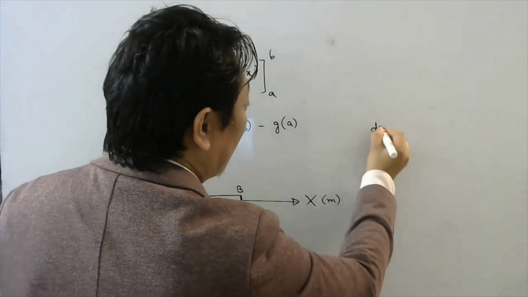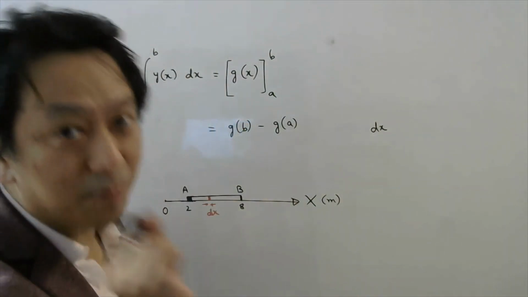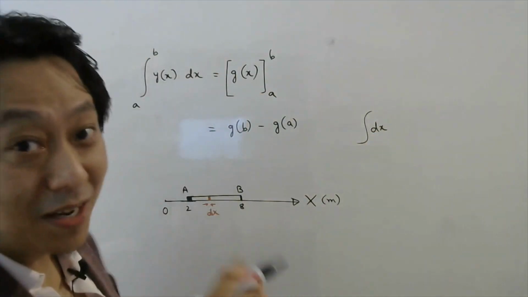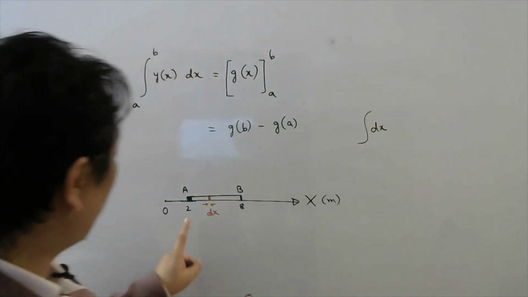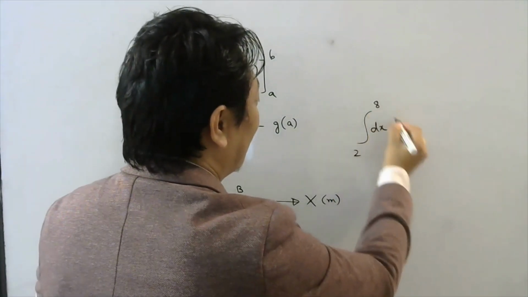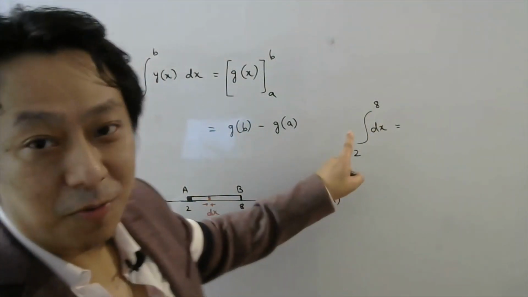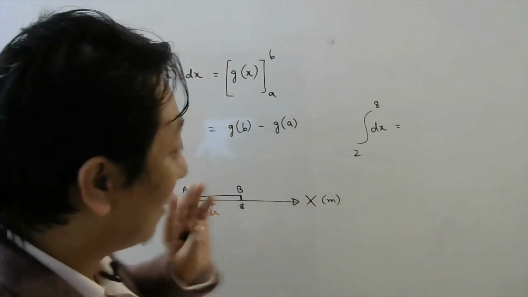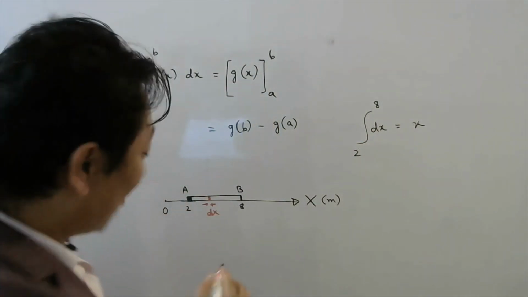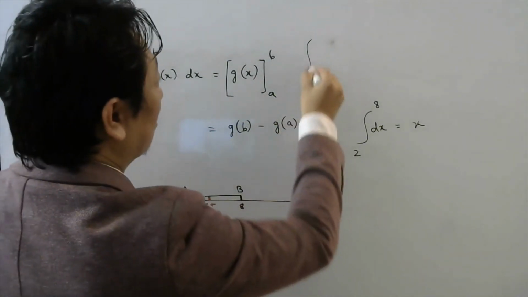So I take dx, which is length of one small piece, and then I add. When I say add, I mean integrate. From where to where? 2 to 8. Now, what is the formula for integral of dx? Well, integral of dx is x. Now, how do I get that? Well, I have given the formula before.